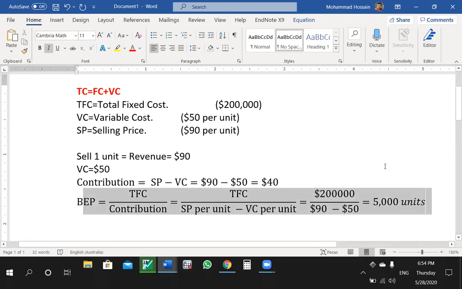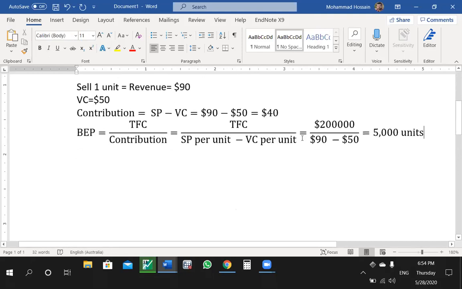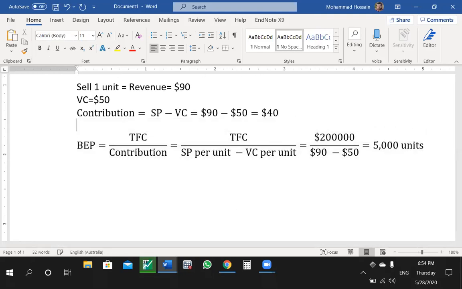All right. That's the break-even point. Now, let's verify these things. How much is total cost actually?